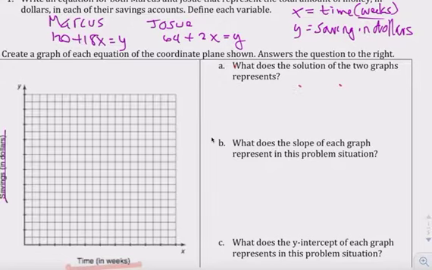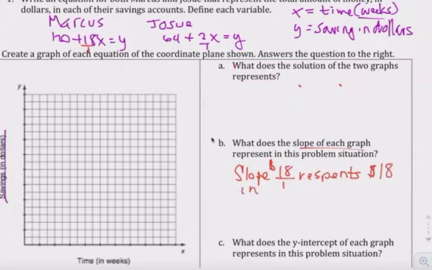We know that these are all over 1, so it's best to number the number of weeks. Remember the denominator, the run, is weeks. These are y's. Your slope is 18. What does the slope of the graph represent? Slope of $18 in 1 week. 18 over 1 represents $18 in 1 week.